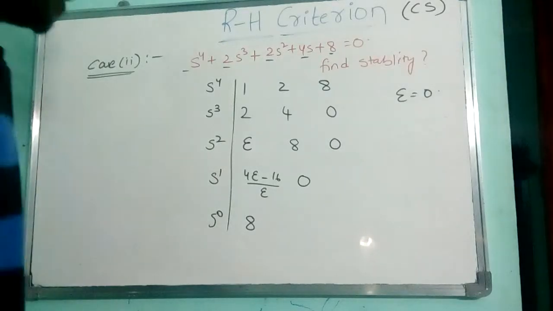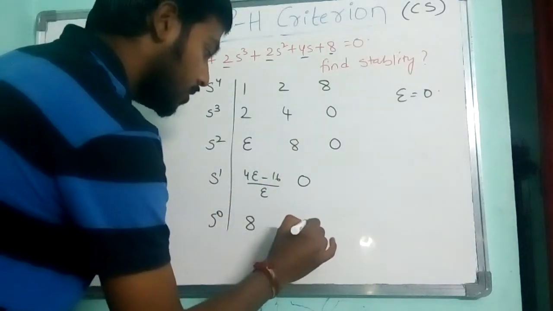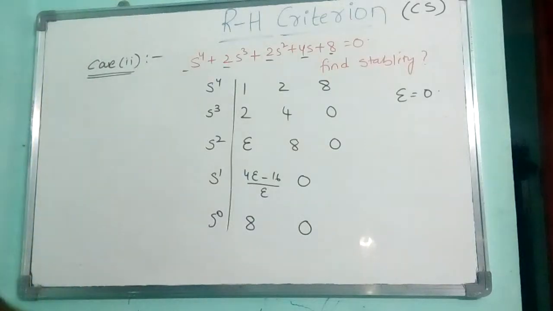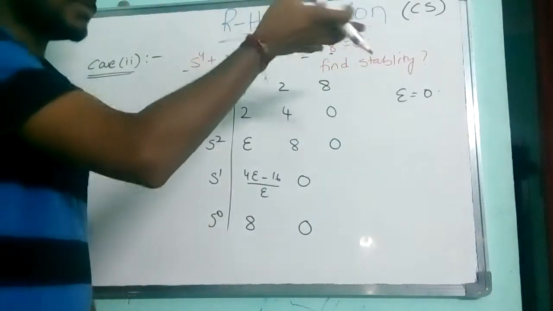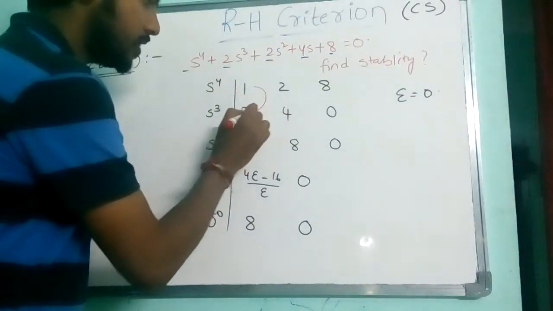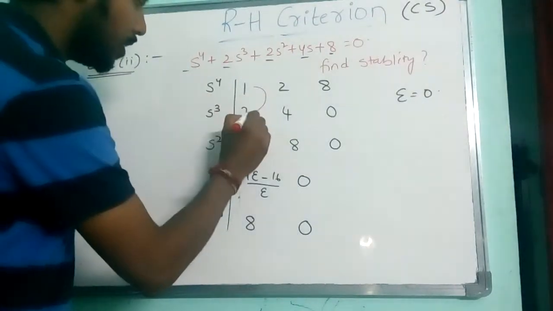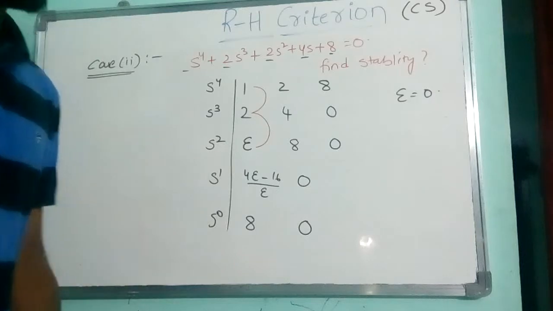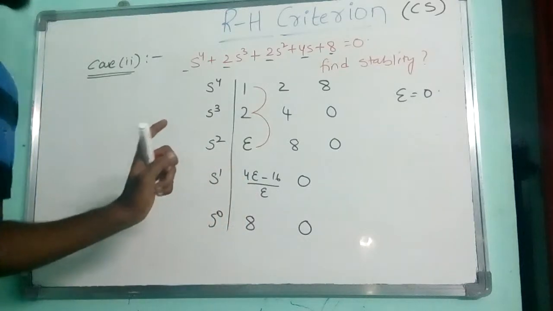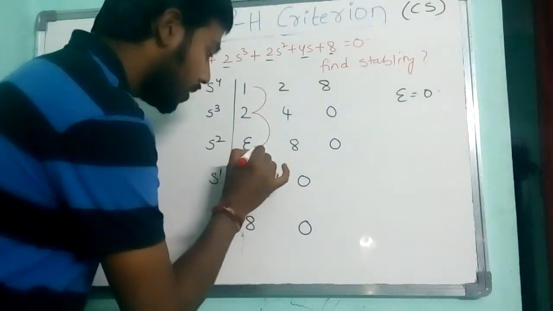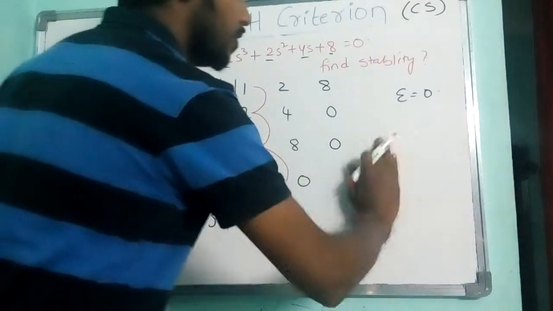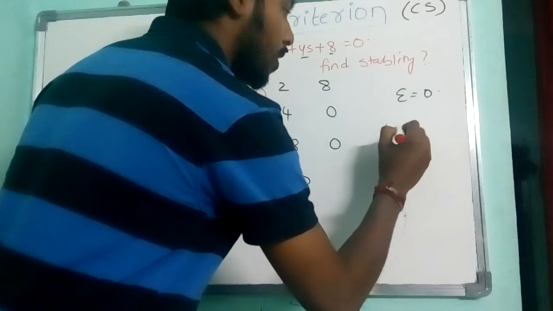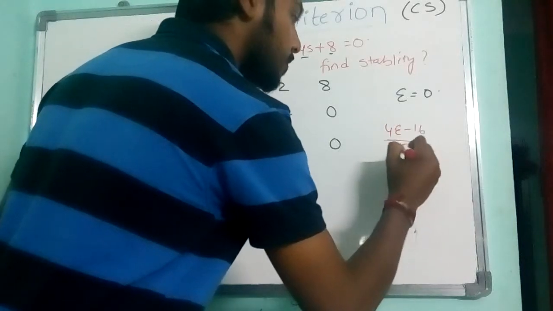Now this is 0 here. Now they are asking the stability. So any sign change here? No. Any sign change here? Epsilon is positive only, don't worry. No. Any sign change here? This we need to find out. How do I find out? 4 epsilon minus 16 by epsilon.